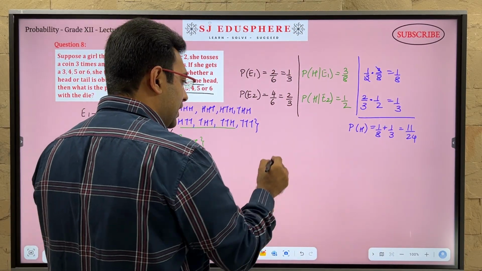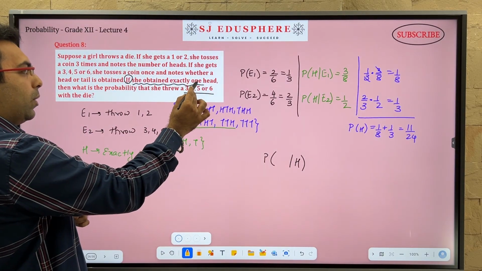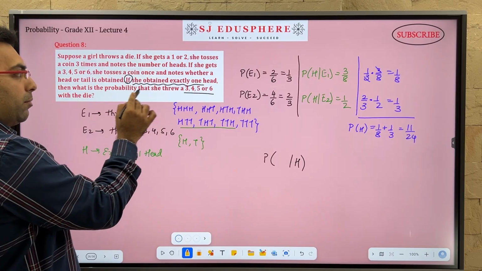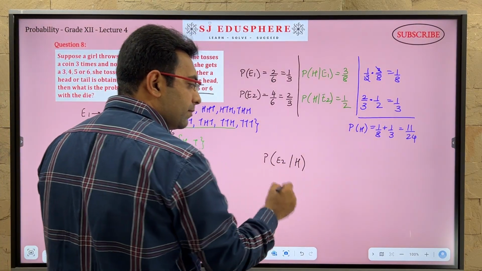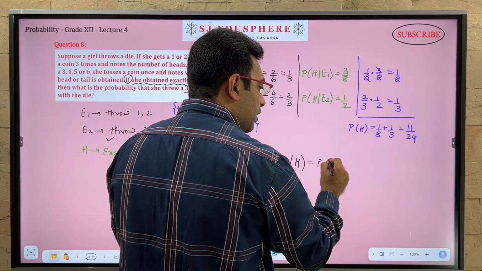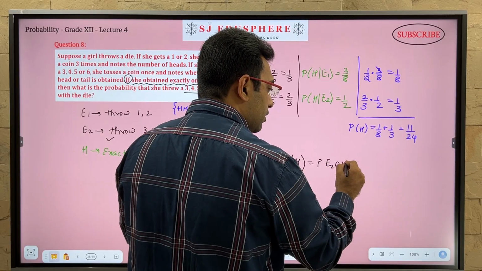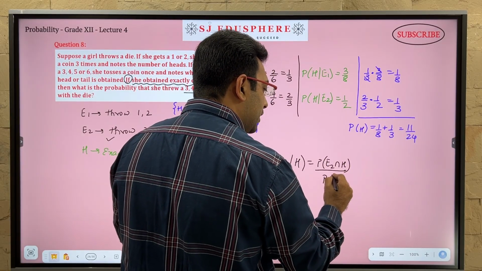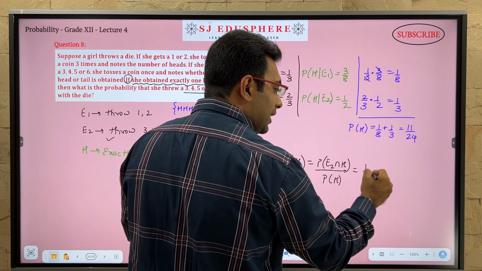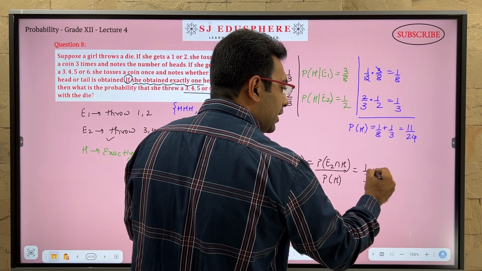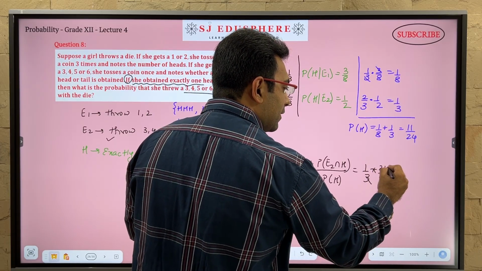My question says, given that the girl got exactly 1 head, what is the probability she got 3, 4, 5, 6? That means E2 intersection H upon probability of H. That means 1 by 3 divided by 11 by 24, which is 24 by 11 times 1 by 3.